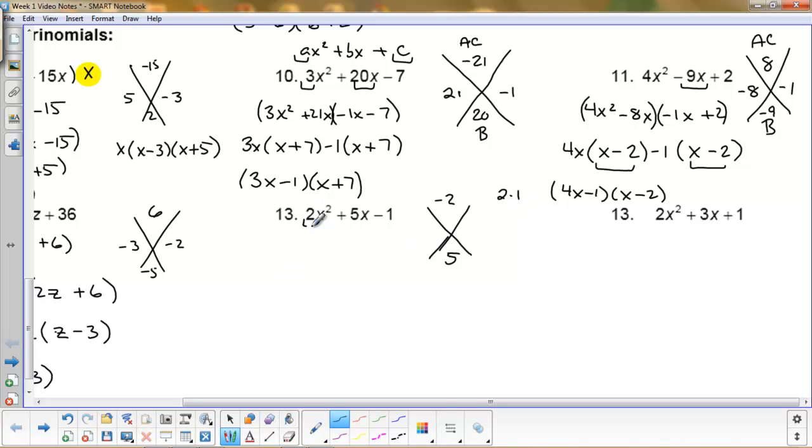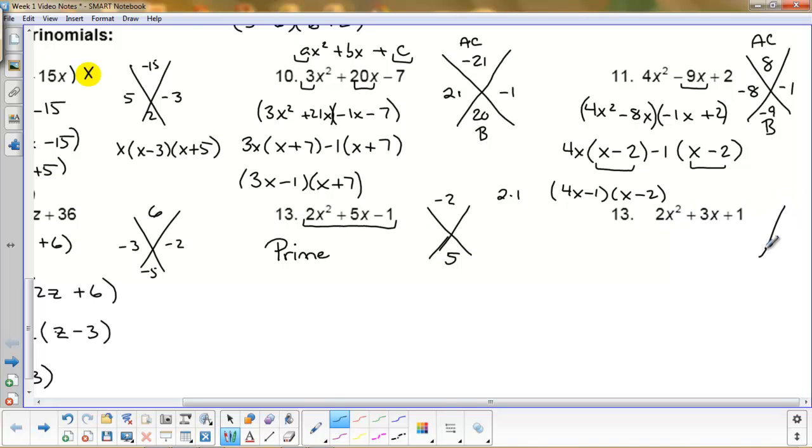This is not factorable, and there's a special term that we use for something that's not factorable. Now please understand, it's not that it doesn't have a solution, it does. It's just that it's not a factorable problem. And so we call this a prime trinomial. Prime is the term we use for something that's not factorable.